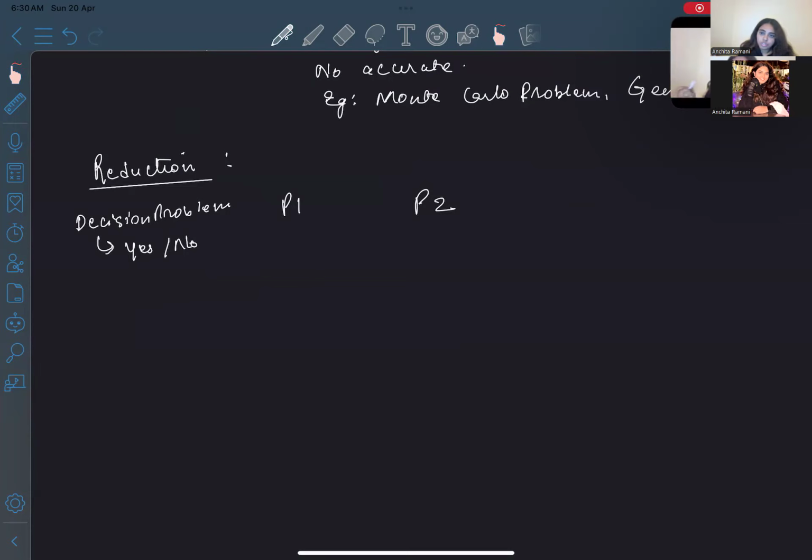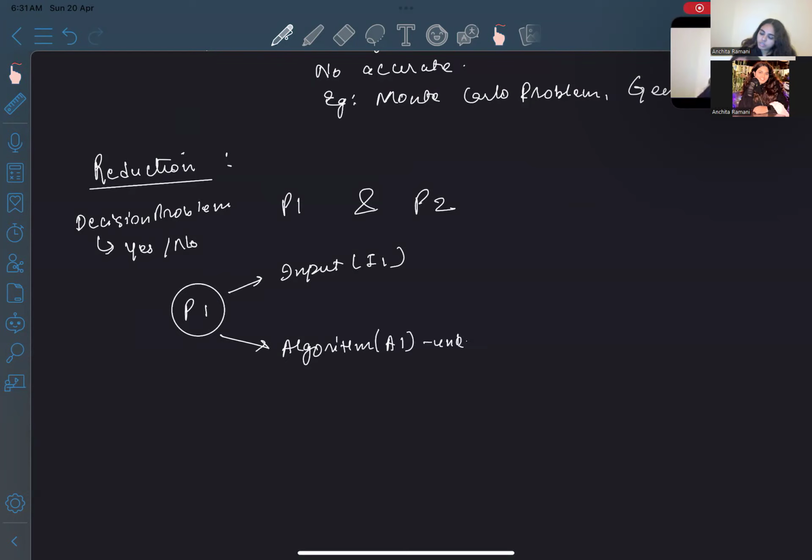So we are taking two decision problems, let's say P1 and P2. P1 has some input, let's say I1, and it has some algorithm, let's say A1, which is unknown to us right now.